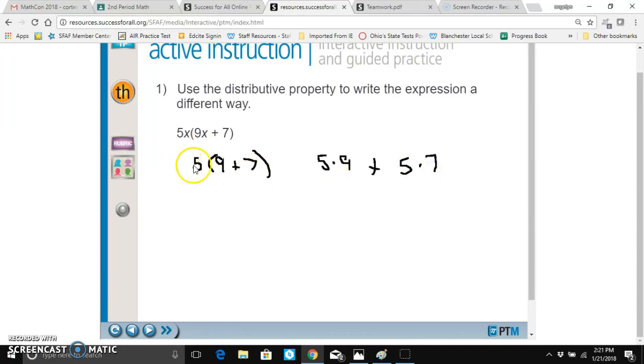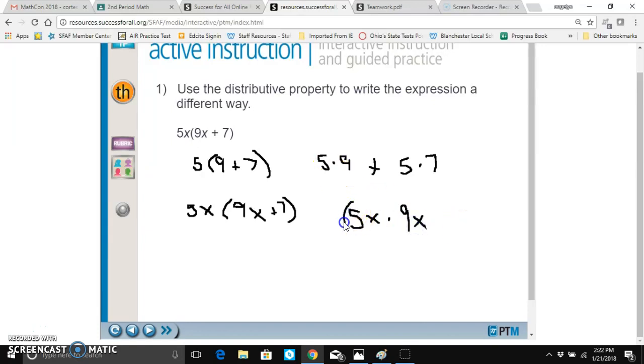But now we're not just using numbers, we have variables as well. So to do this problem, 5x, parenthesis, 9x plus 7. If I were to write this problem a different way using the distributive property, it would look like this. First you would spread the 5x with the 9x through multiplication, and it would look like this: 5x times 9x.